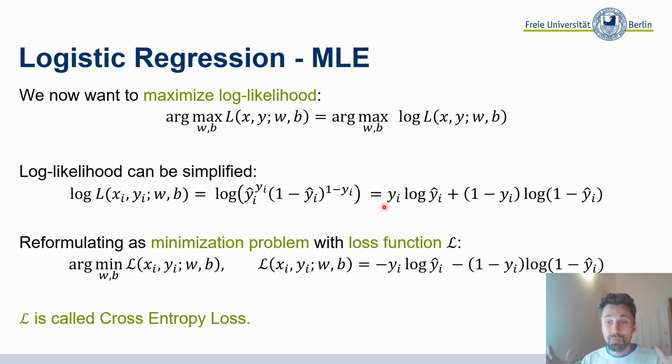And since we usually want to minimize a loss function, we just put a minus sign here, and then this corresponds to the maximization of the likelihood. This expression is called cross entropy loss, and you will learn how to use it and also to implement it, not just for the logistic regression task, but also later in other nonlinear models that do binary classification.